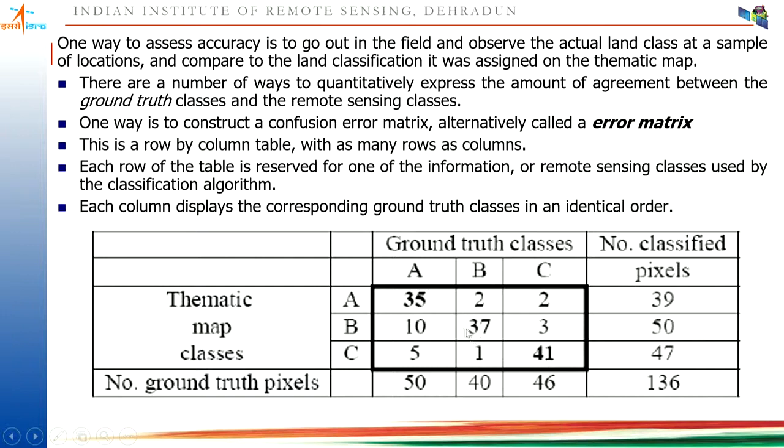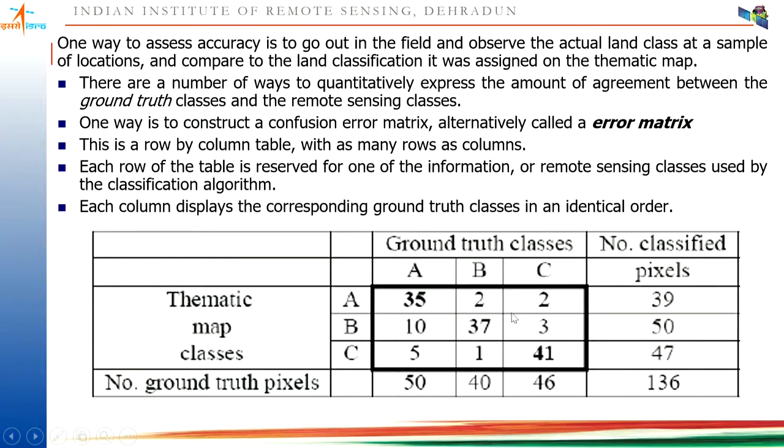BB, that means 37 pixels were correctly classified here. CC, that means 41 pixels were correctly classified here. So the total number of correctly classified pixels is 35 plus 37 plus 41. And the total number of pixels is 136.